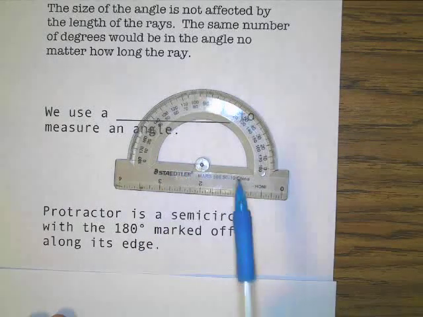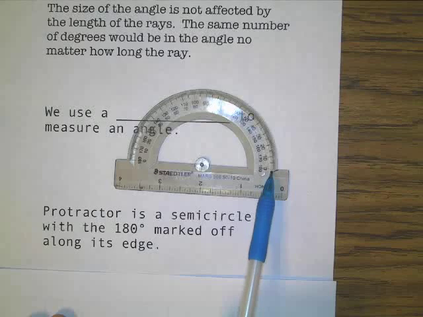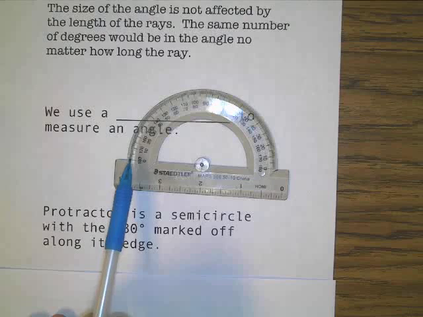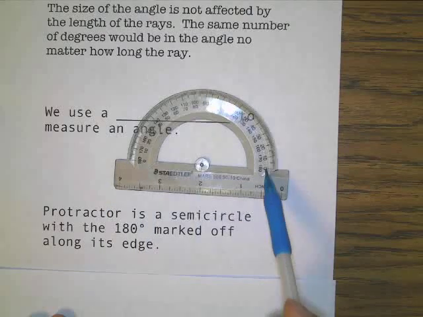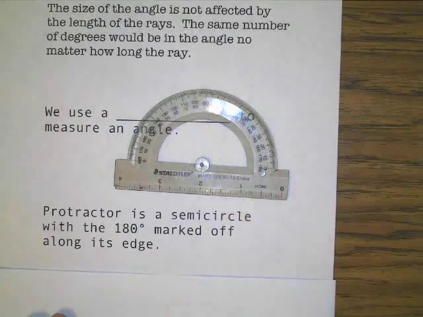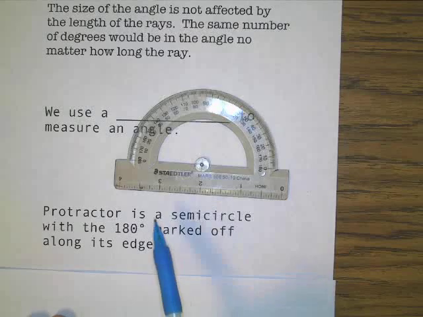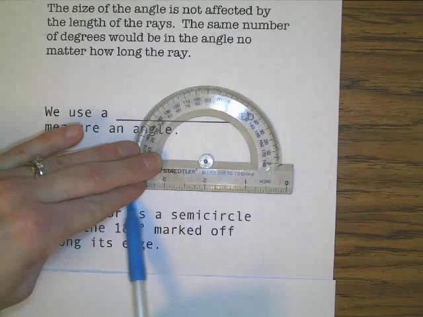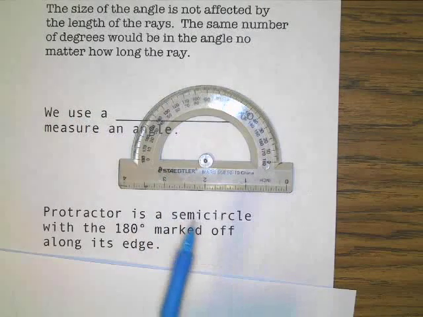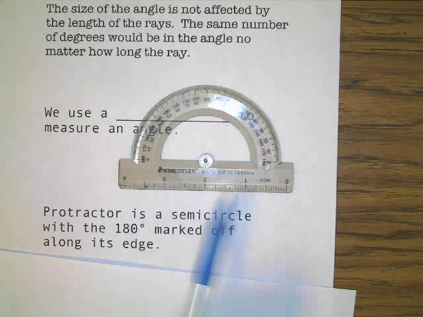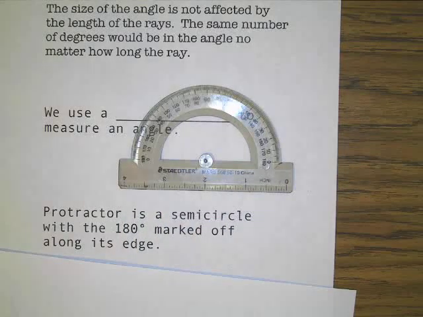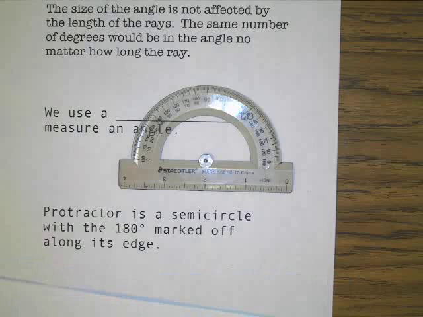So we have degrees marked from 0 to 180 all the way around. We have two sides to it. You have an inside and an outside, and we'll get to what those measure. This protractor also has with it a ruler, so that you can measure straight lines. So a protractor is what we use to measure our angles.